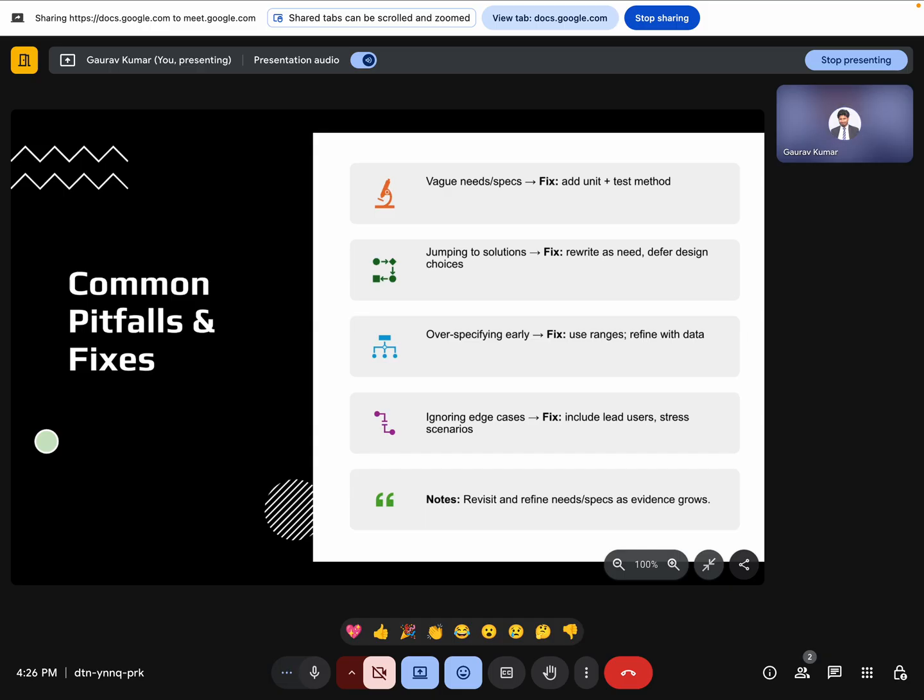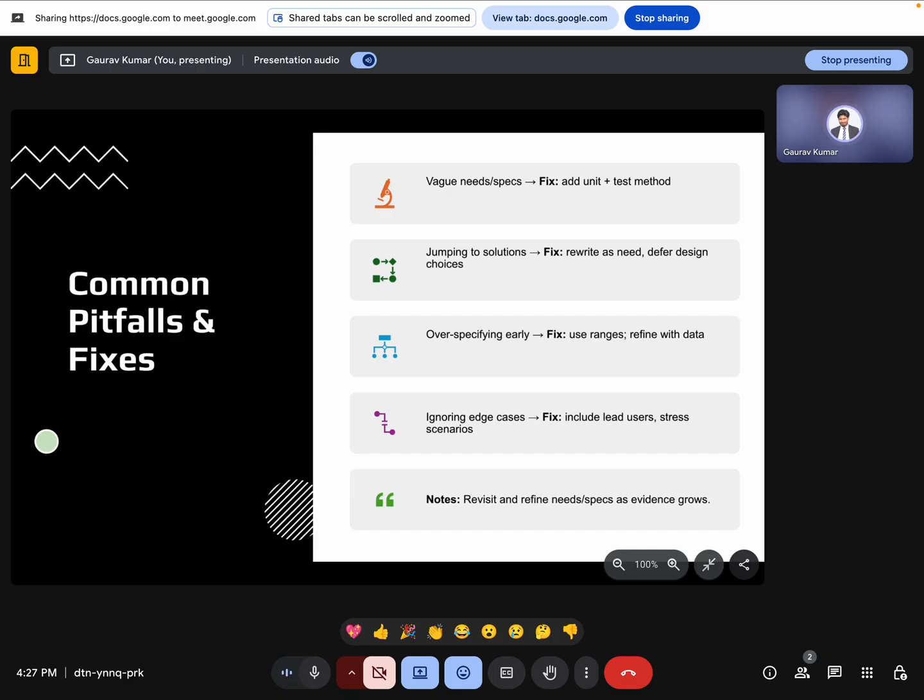until the right phase. Specifying too early can lock us into brittle decisions. Ranges and interim targets preserve flexibility while we learn. Edge cases get ignored unless we design them in from the start.